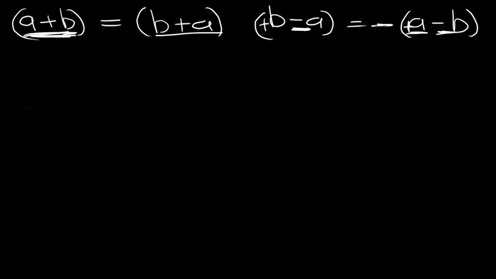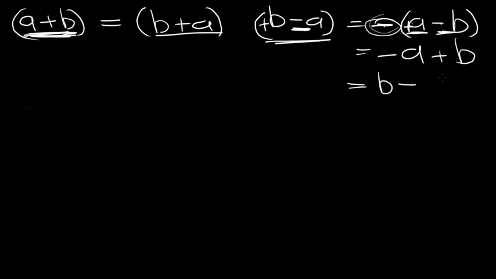So to be able to come back to the original thing on the left, you need to put a minus here, because a minus times a plus is a negative a, and a negative times a negative is a plus b. And you can swap that around and it's b minus a. So you can see it is the same.